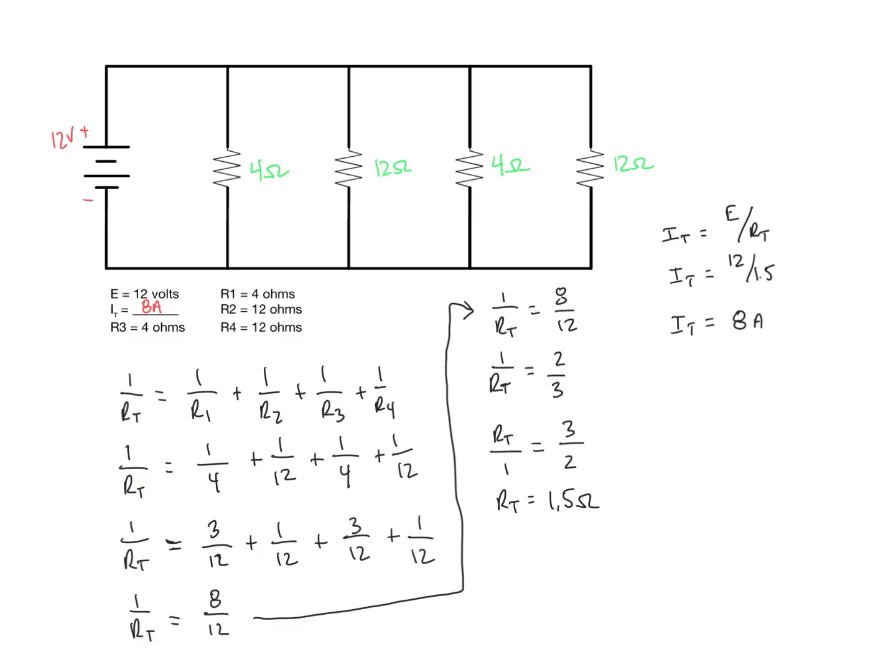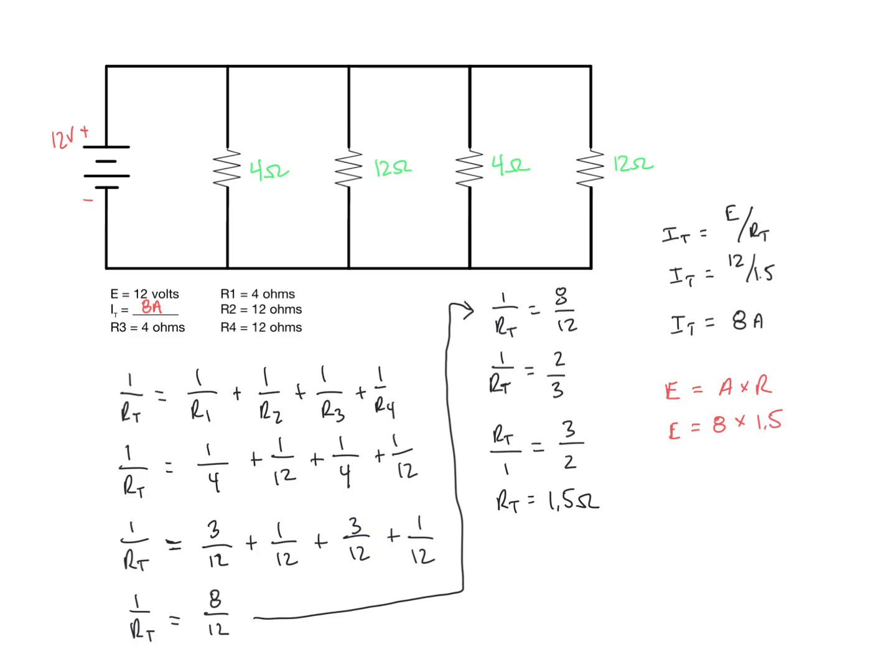And then, as I've told you before, I like to check my work. So I'm going to use this formula because I think it's the easiest. And my amps are 8, and my resistance total is 1.5.